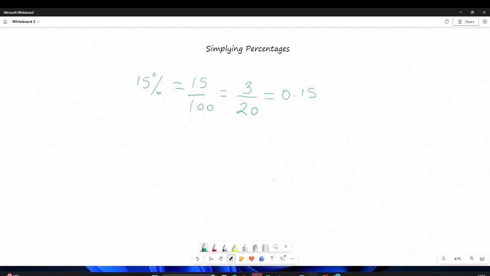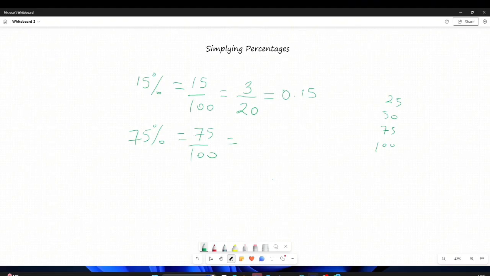Another example, let's have a look at 75%. So this as a fraction is 75 over 100. And to simplify that further, you're going to have to think of a number timetable that has got 75 and 100. Let's look at 25 times table. So we have 25, 50, 75, 100. So it means 25 timetable has got 75 and 100.